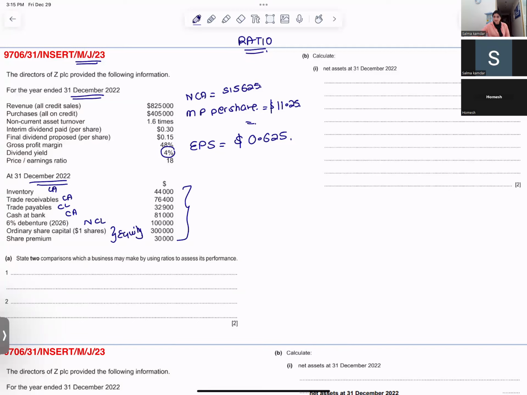The first question they say, state two comparisons which a business may make by using ratio to assess its performance. What comparison does a business make by using ratios? Miss, like if the business is performing well as compared to similar businesses in the industry. So that is called intercompany comparison. What else?